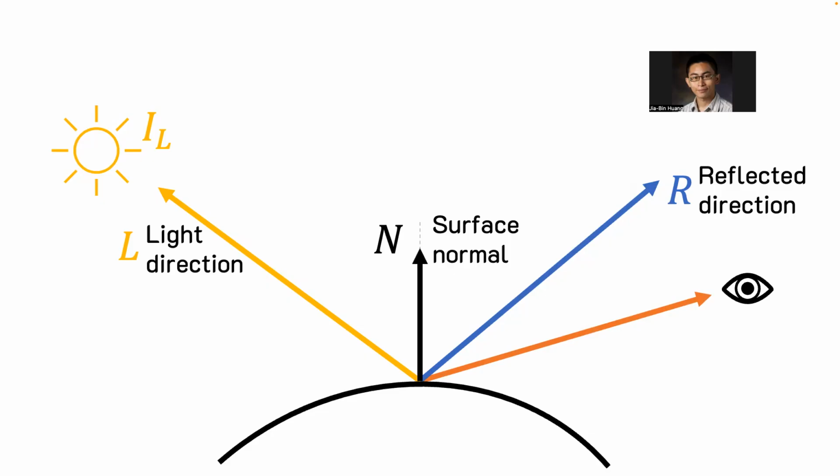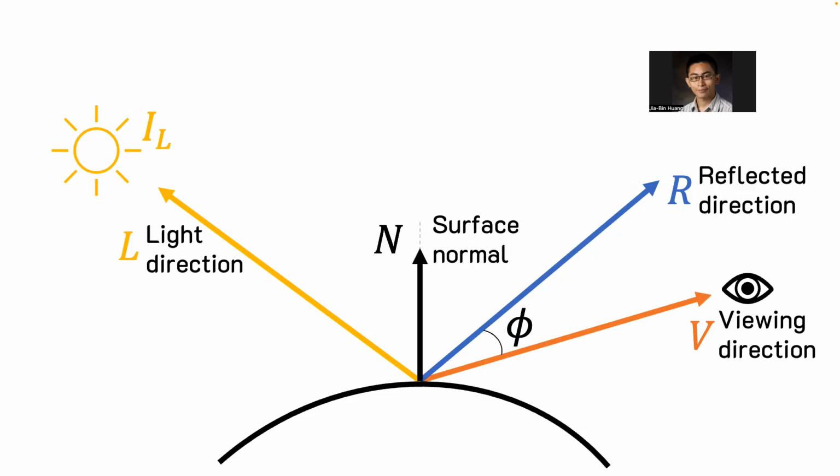So we can characterize these reflections by using some simple math. Once you specify these angles, basically you want to see how much light you will see from that viewing angle if this surface has a certain reflection model.